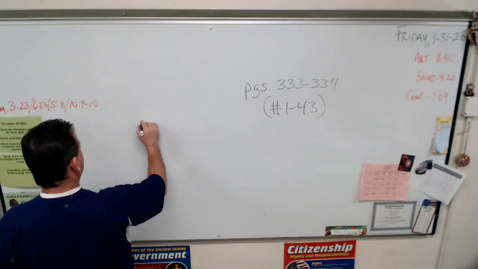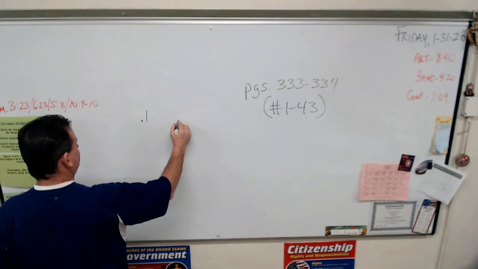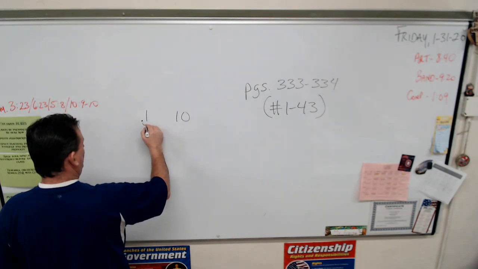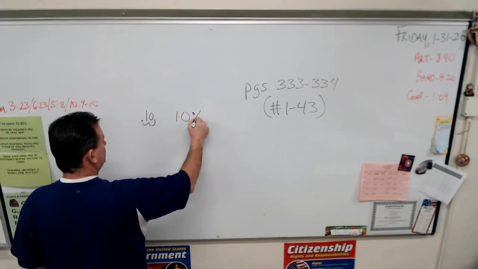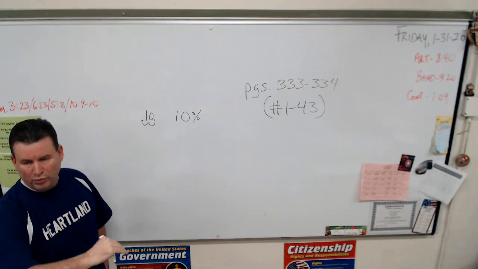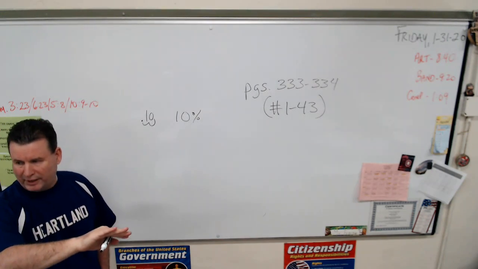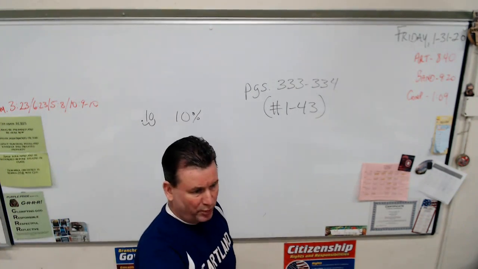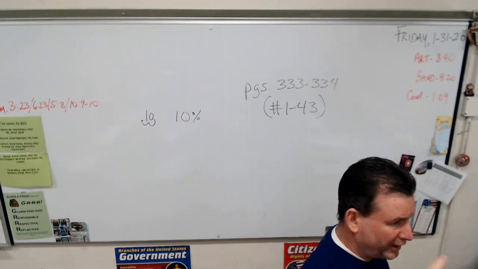Point 1 as a percent: 10%, 2 places to the right. Decimal 2%, 2 places to the right.